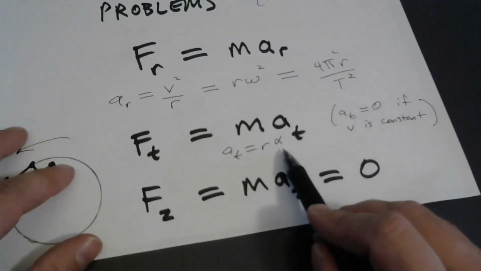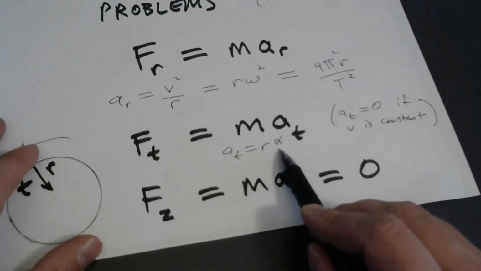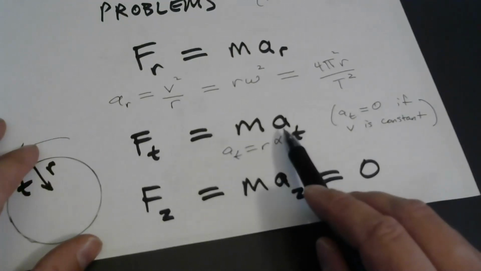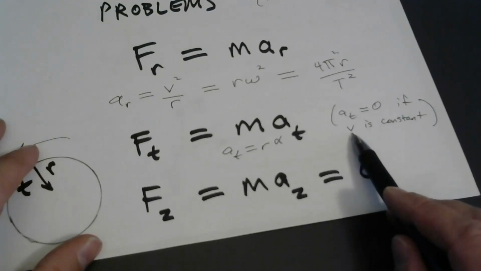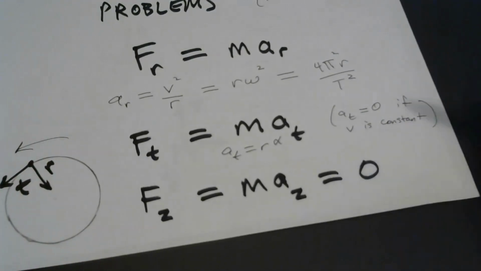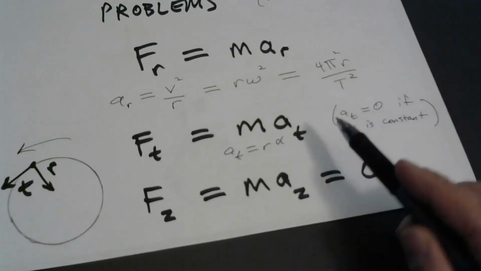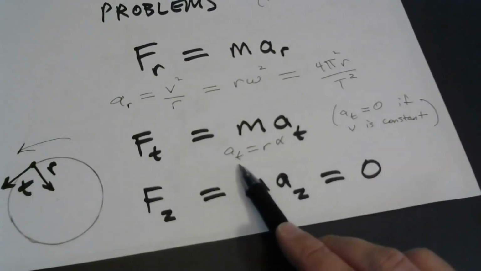If you happen to know the angular acceleration, you can calculate the tangential acceleration. But this becomes very simple if your speed is constant. If you're talking about uniform circular motion, then alpha is 0, a tangential is 0.